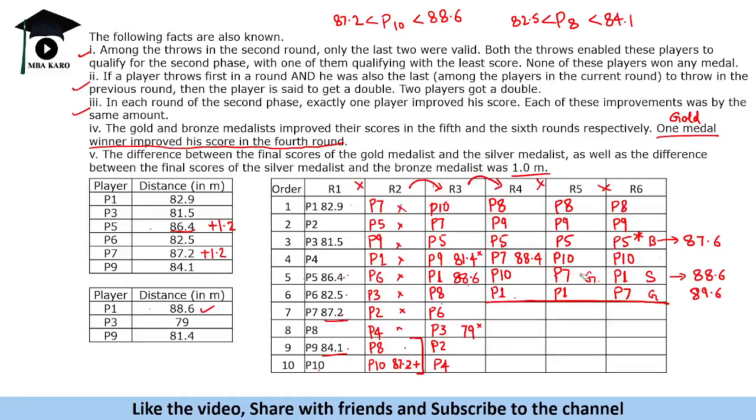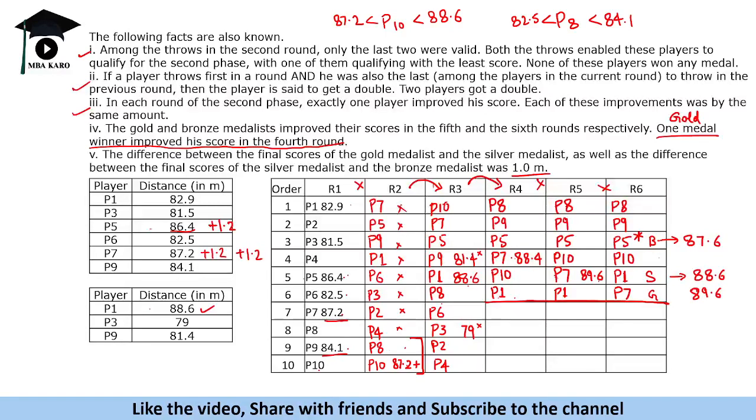And again P7 will have an improvement of 1.2. That means P7 will throw 89.6. So two times an improvement of 1.2 and 1.2, and that also satisfies the condition. So 88.4, now he threw 89.6 and went to this position.